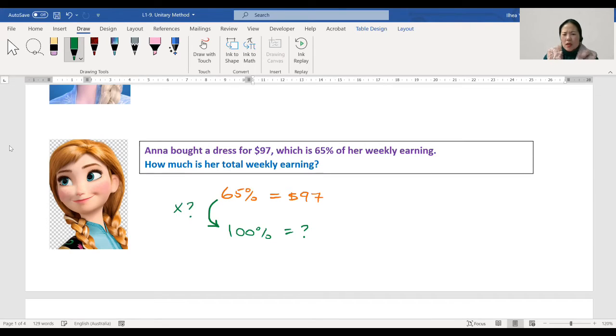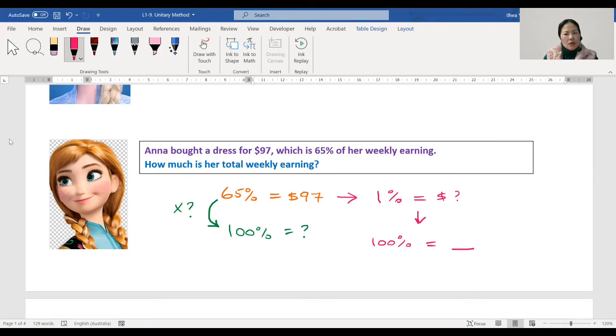So in this case, we need some other, simpler way of doing it, instead of trying to find 65 times what makes 100. What if I make it into 1% first, and then times by 100 to make it into 100%? I'm going to make 65% to 1%.